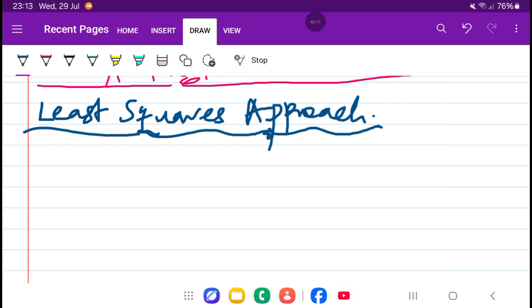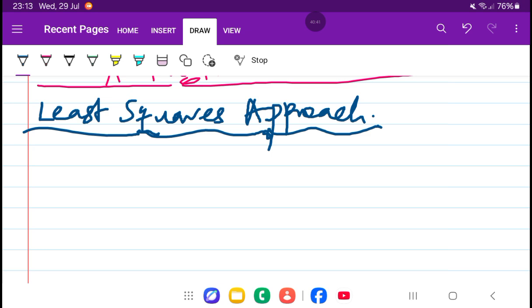As we are computing the line mathematically, the same idea is also pursued with this same method, the logical method known as the least squares method.